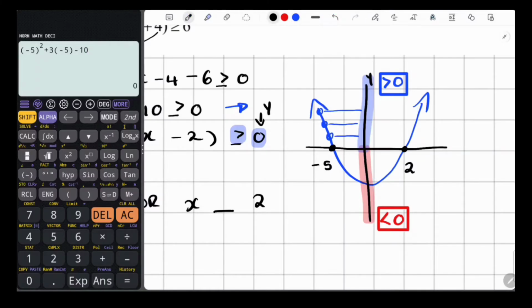Now we have to answer them in terms of x. So we are saying, what are the x values that belong to these parts of the graph that have y values greater than 0? And if you map it down, I had this point, map it down to here. If I map that down to here and I map that down to there, I'm looking at what are these x values compared to -5, since -5 is your x-intercept.